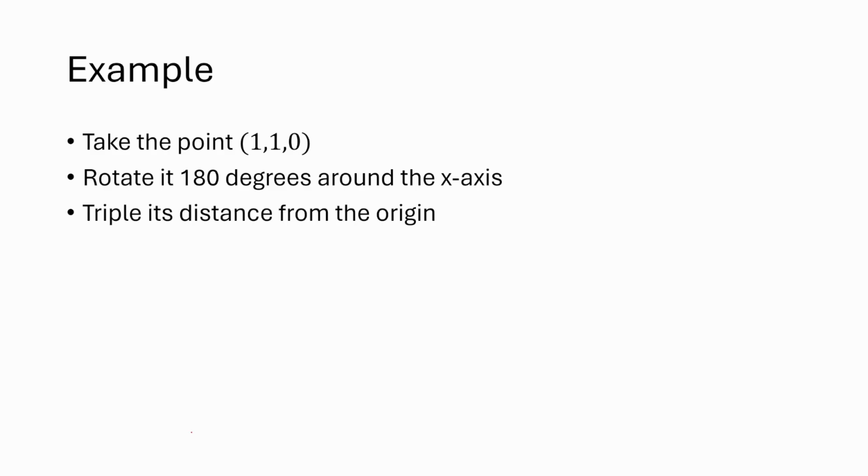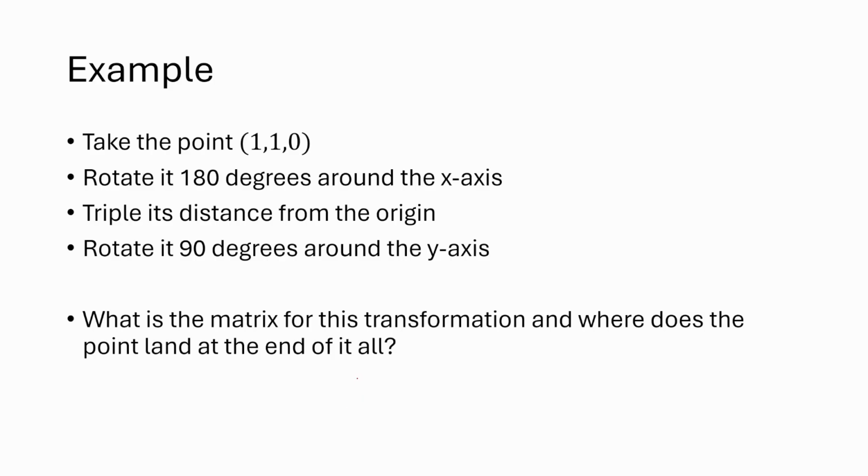We are going to scale it upward by a factor of 3, or scale it outward, really. Then we're going to take that and rotate it 90 degrees around the y-axis and ask, where does it go? So again, 1, 1, 0, 180 degrees around the x, triple scaling, 90 degrees around y.